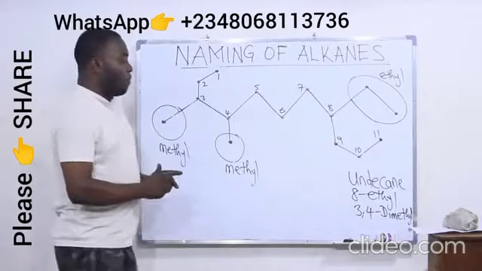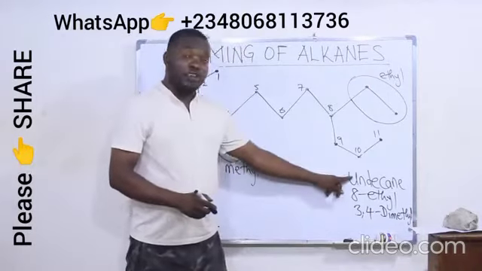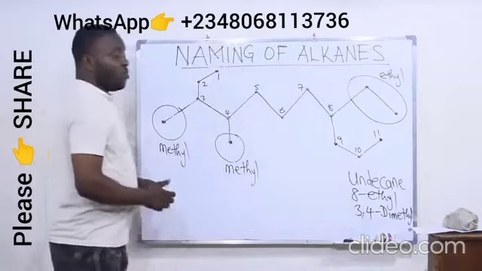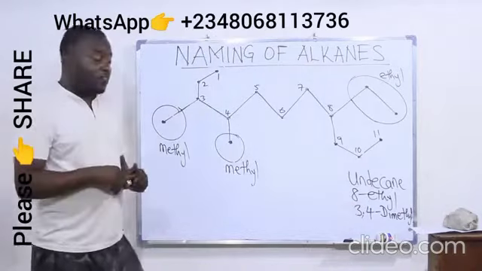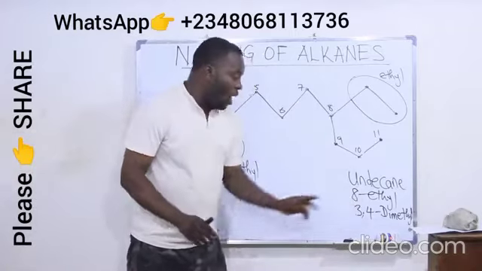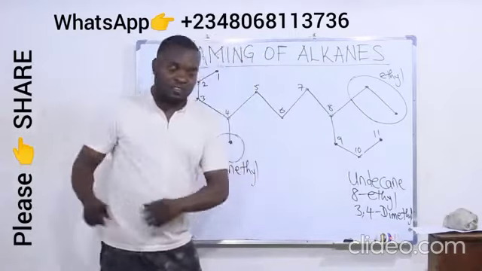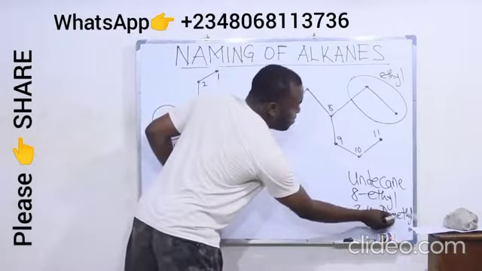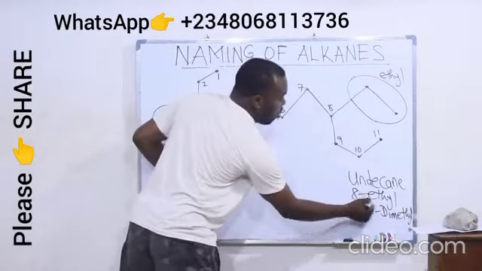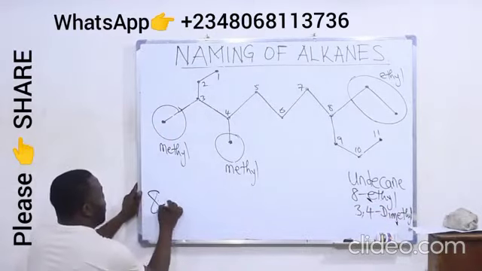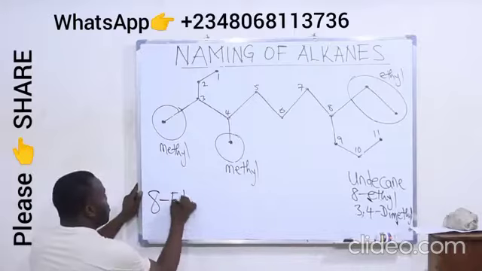Now I'm going to compile these 3 names: the name of the longest chain, the name of this attachment, and these attachments. When writing the names, start with alphabetical order. The names of the attachments will be written first, while the name of the longest chain will be written last. Now, the attachments are ethyl and methyl. So E comes before M. The name becomes 8 ethyl.